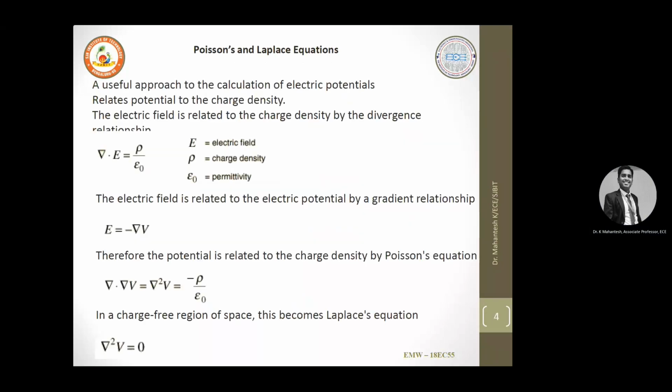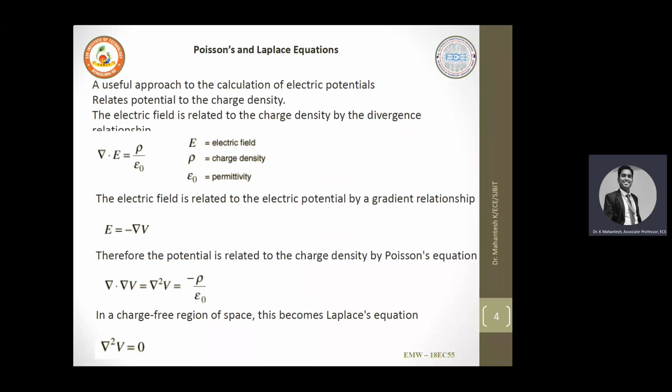So far, we have calculated the electric field, flux, flux density, potential, and other entities by knowing the electric field or by knowing the charge densities or the charge quantities. But most of the time in real-time or practical situations, the charge densities will not be known everywhere, but will be known in some regions.